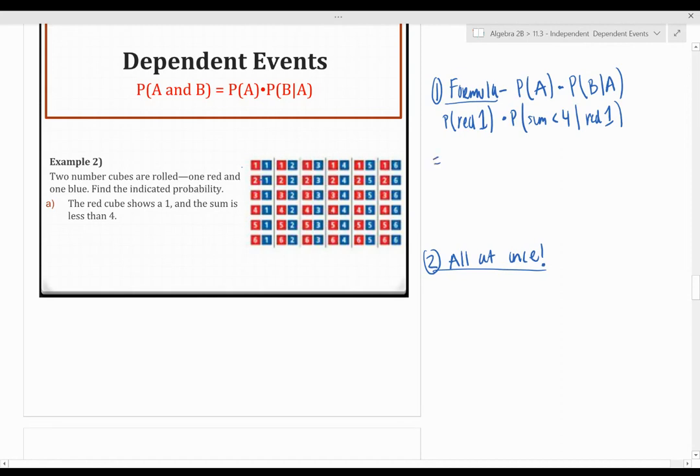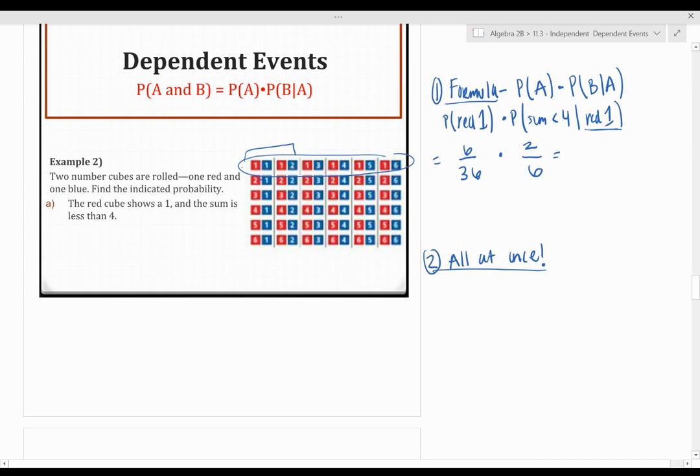So what's the chance the red cube just has a 1? That would be my entire top row. So I could say 6 out of the 36 outcomes have a red cube with a 1. Now the second part, that red cube having a 1 is my given, meaning I'm only looking out of those 6 outcomes. How many of them have a sum less than 4? It would be these first 2.